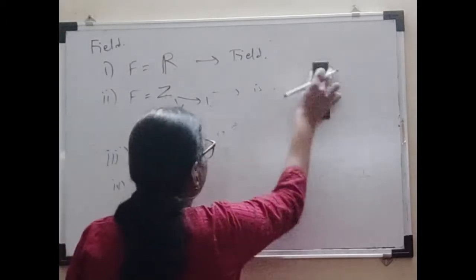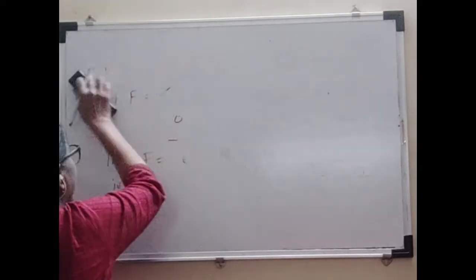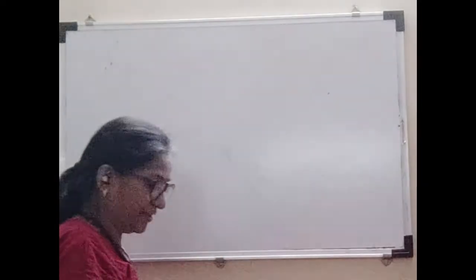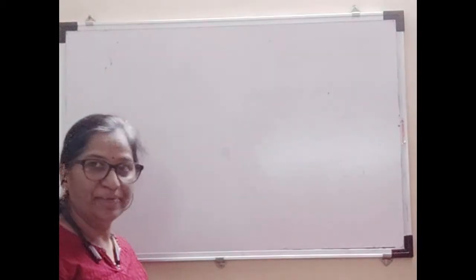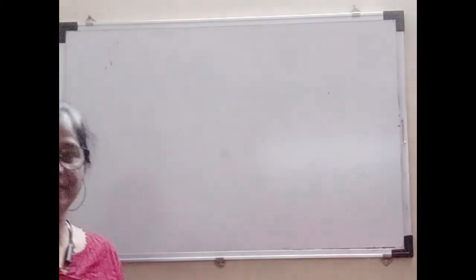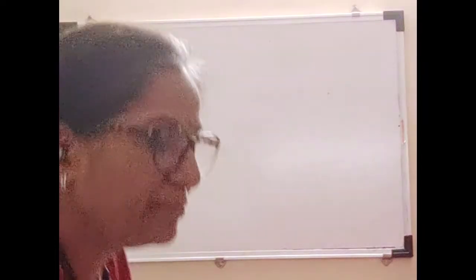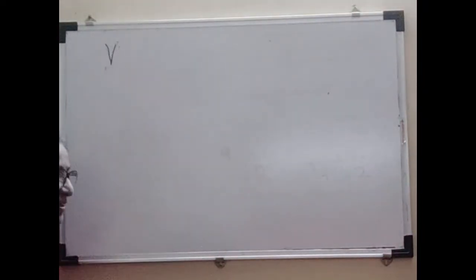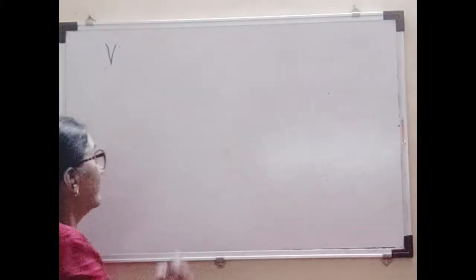Now next, what is a set of vectors in a vector space especially? Usually we denote this set of vectors as V. V is a set of vectors.